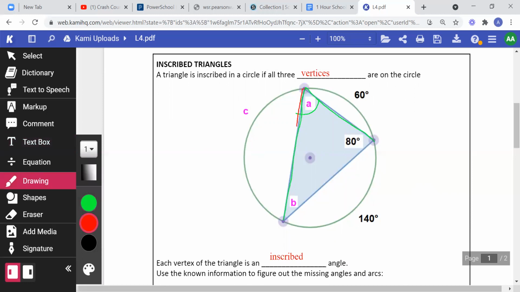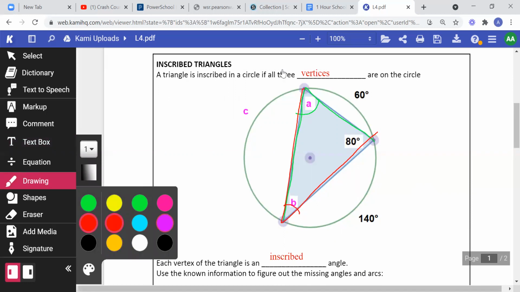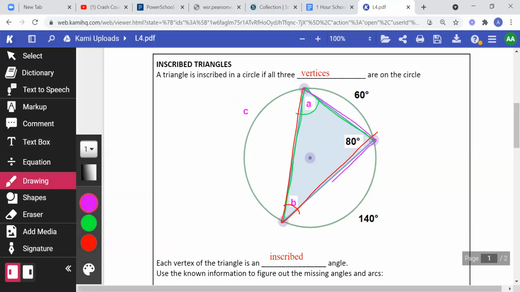If I take this angle here, B, it's on the circle, it's inscribed. And if I take this angle here, angle AD is also inscribed because A is on the circle, B is inscribed, and AD is also inscribed. That's why each vertex of the triangle is an inscribed angle. That's what the statement means.